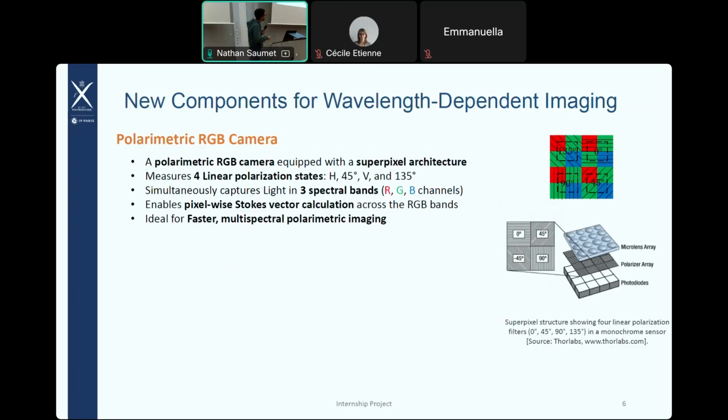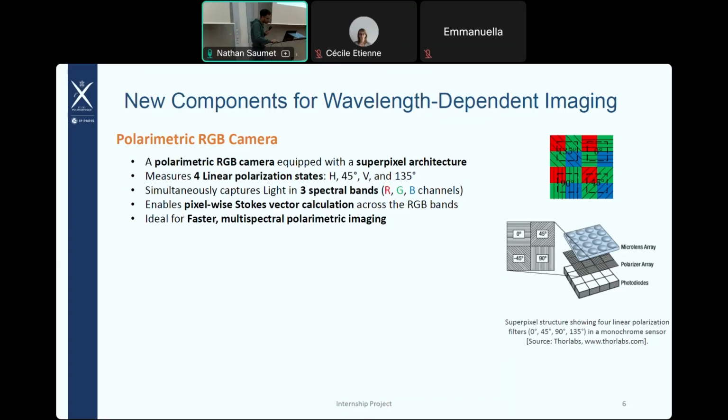The previous system was using a super pixel system, which can detect the different polarization states in one pixel. But in an RGB camera, there is a new addition of a Bayer filter inside this super pixel, which allows us to detect the same information at different wavelengths, at different wavebands as well.